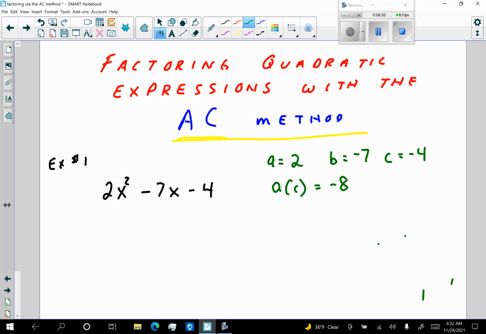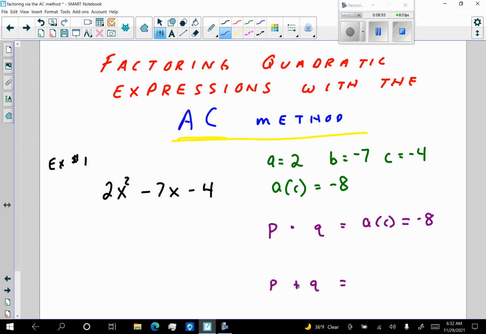And what we're going to do, and here's the trick, we want to find two numbers that multiply together to equal this product A times C, which in our case is negative 8 for this particular example. We want two numbers that multiply together to negative 8, but we want those same two numbers, and I just use P and Q because I like to keep my P's and Q's straight.